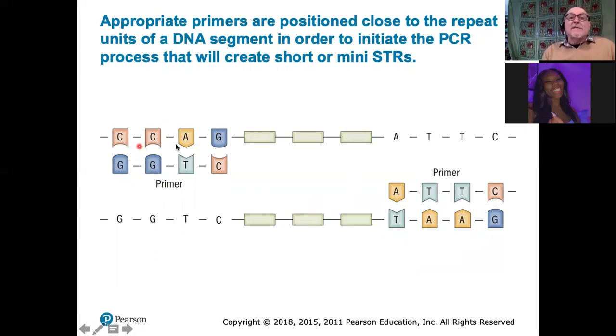In this case, it reads CCAG, and then on the other strand it reads GAAT. And we're going to make primers which stick here, and primers which stick here. And we're then going to run it through polymerase chain reaction, and it's going to produce fragments.